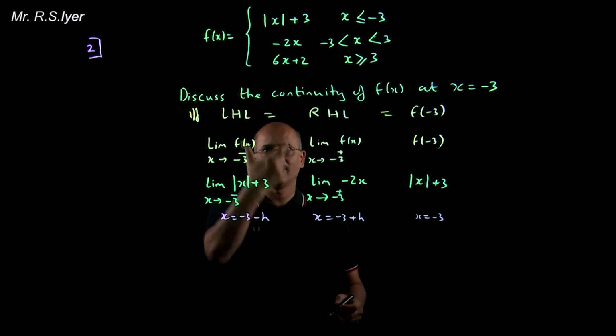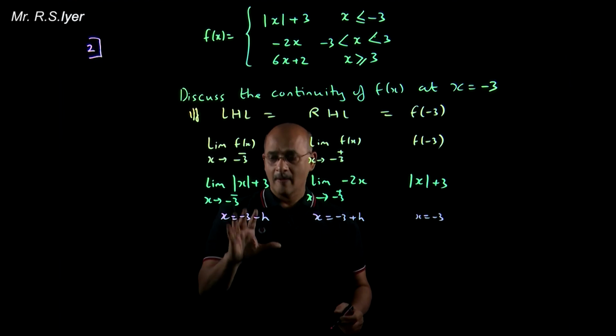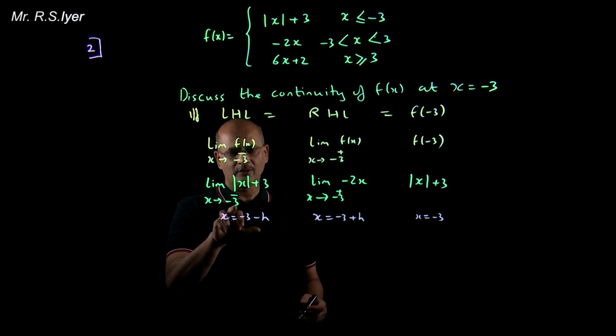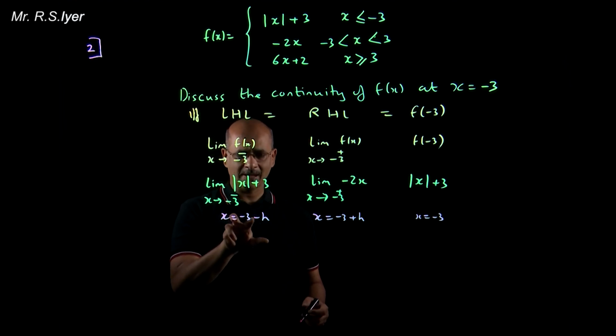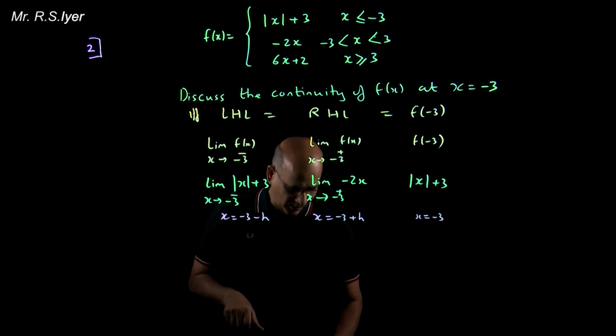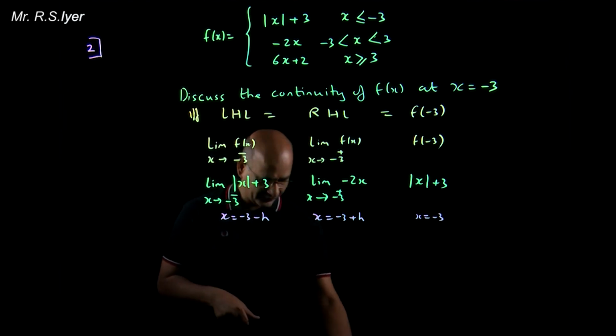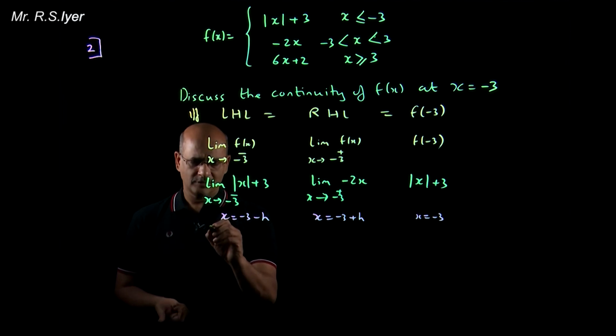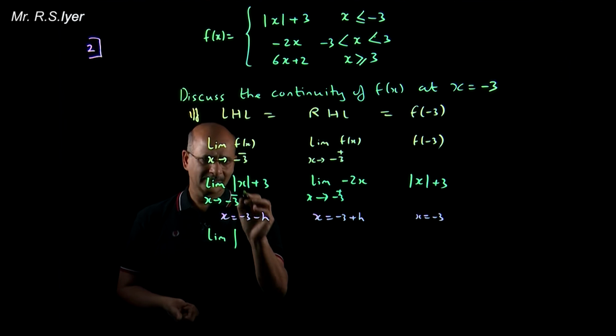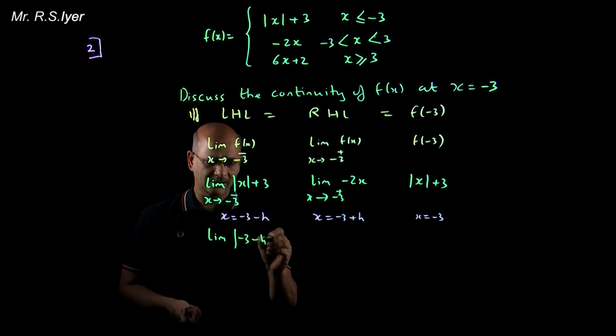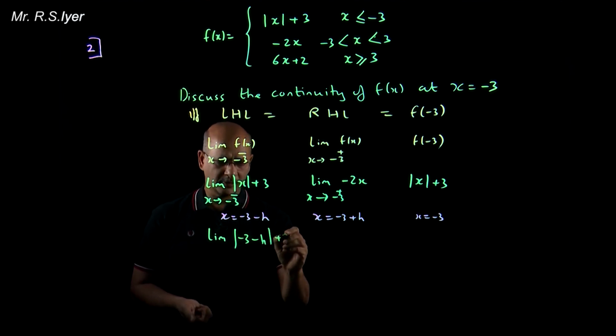So once you identify this pattern, remember, you cannot evaluate the limit directly. So I am replacing x by -3 minus h. So what happens, children, here? Let us see. I will just write it down: limit of, now look at this pattern, x is replaced by -3 minus h, this is plus 3.